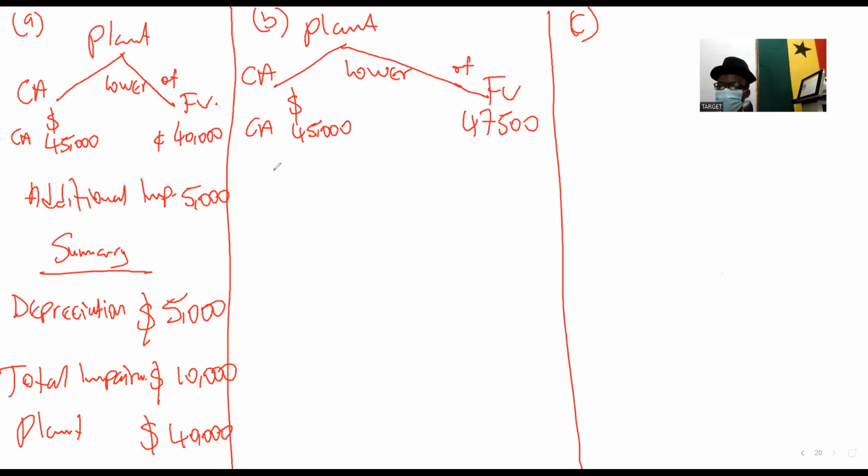So 47,500. Here there's a gain. There's a fair value gain of 2,500. So we can recognize the gain. The gain should be recognized.